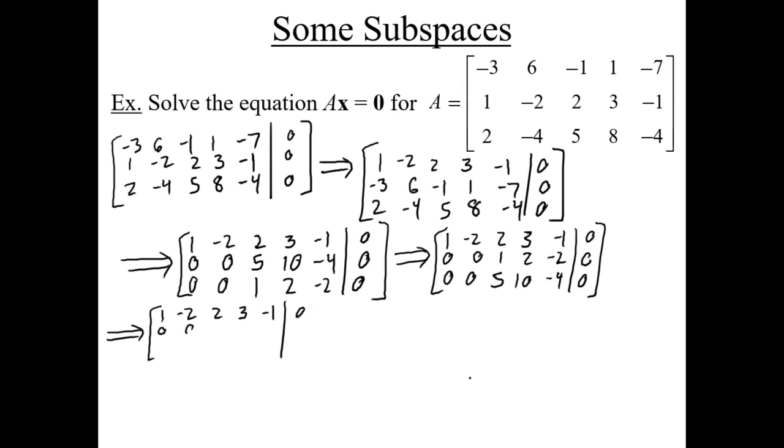Second row is fine. Okay, multiply the middle row by -5 and add the bottom row. I get 0, 0, -5, 6, 0. Okay. Bottom row, I'll make new 1.